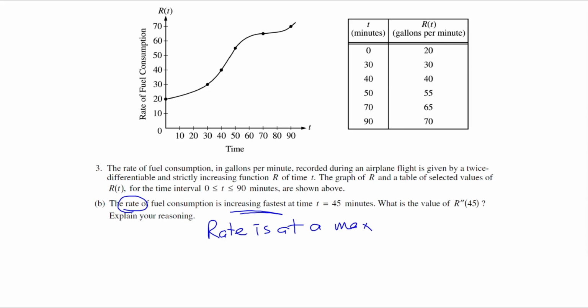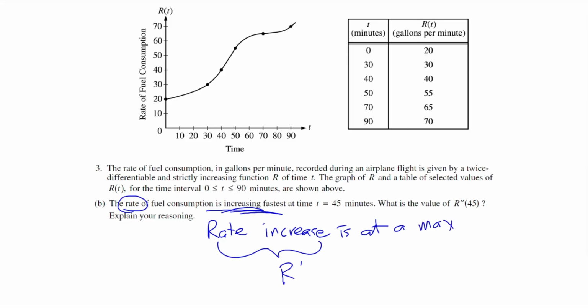Well, not the rate is at its max, but the rate increase is at a max. That's a little bit different. The rate increase, that's R prime, the rate at which the rate is increasing.